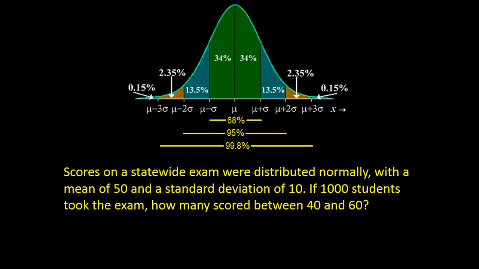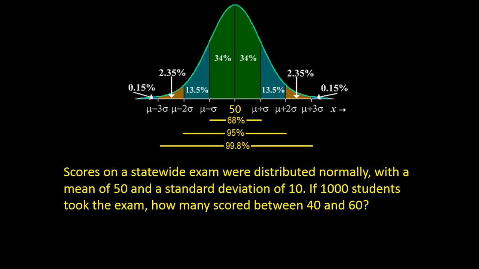We know that 1,000 students took the exam, and we want to know something about how many of them scored between 40 and 60. So we need to first figure out where the mean fits in this bell curve. Since the mean is 50, we're going to represent that right in the middle of the bell curve. That's where the mean belongs.